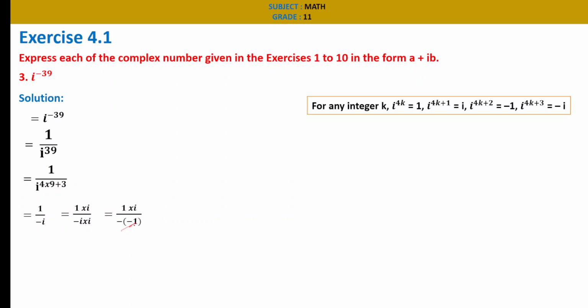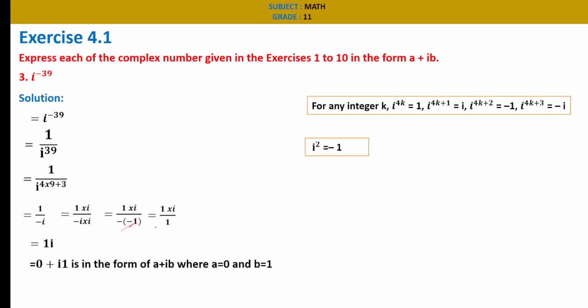So the value is I divided by 1, that is I. We can express this I as 0 plus 1I, which is in the form of A plus IB, where A equals 0 and B equals 1.